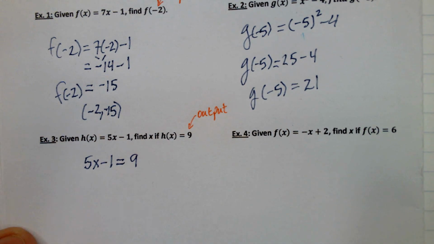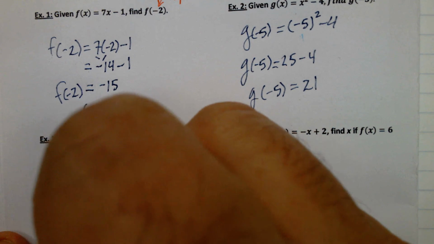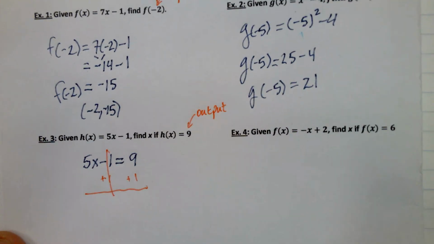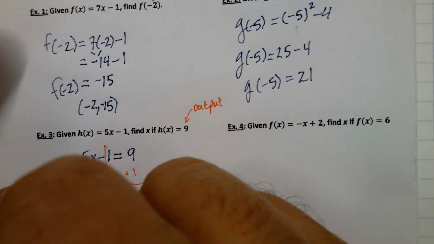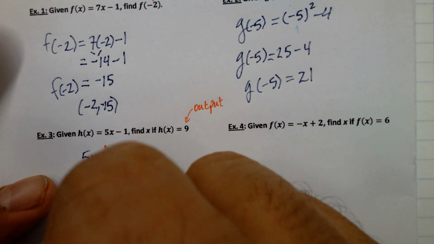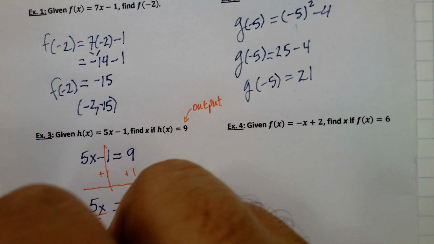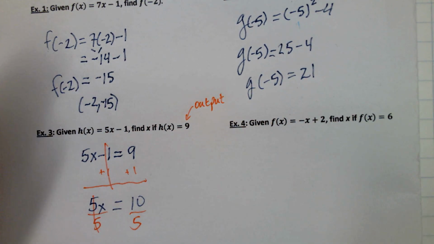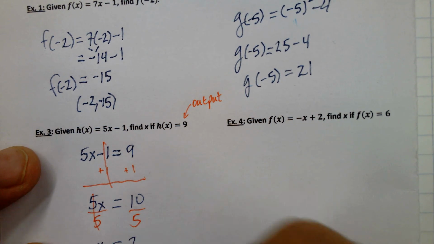So in this case, we have to solve the equation. We have to figure out what x is. So that's easy. Let's follow the steps to solve the equation. Add 1. We get 5x equals 10. Divide by 5. So x equals 2.